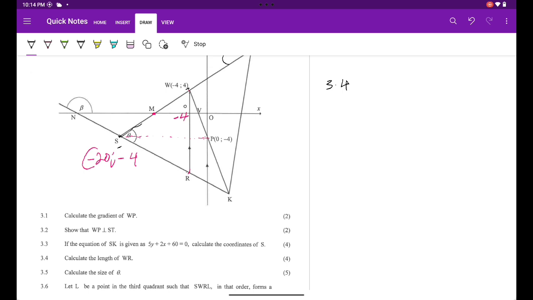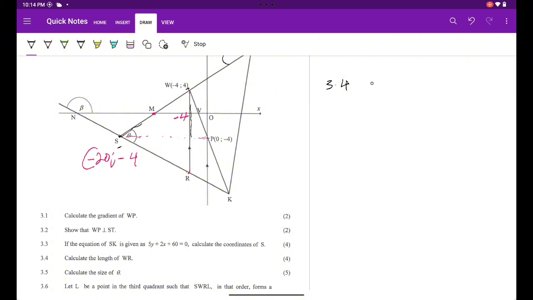So if these two lines are parallel, it means that the x value here is the same throughout. So the x value is the same. So in other words, on R, we already know the X value.